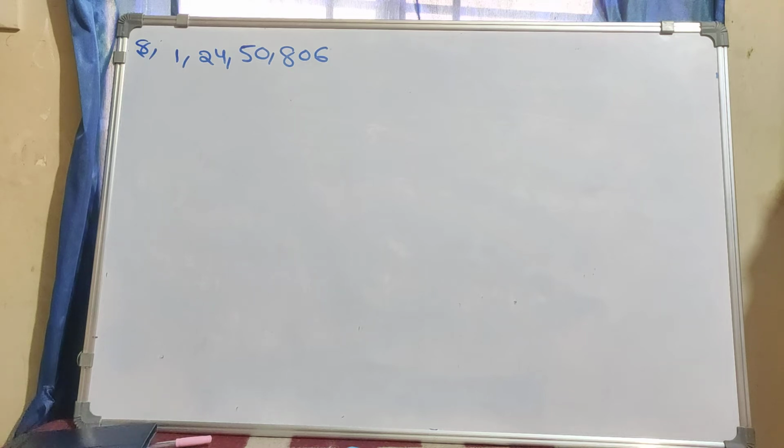What are odd numbers and even numbers? What is an odd number? Whichever number, when we divide it by 2, if we get a remainder of 1, that is called an odd number. When I divide a number and it gives a remainder of 0, it is called an even number.